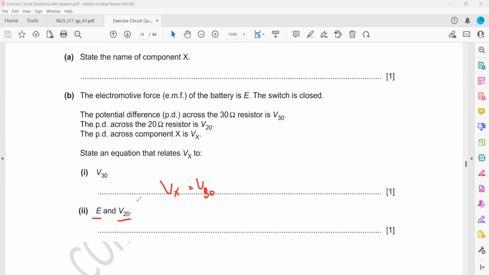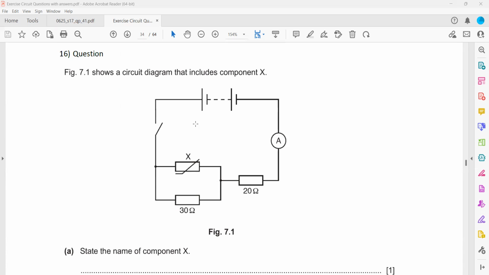And what is the relation between E and V20? If the total EMF is E and some voltage drops across this resistor, the remaining voltage will be across this component. If I say the total voltage is 10 and out of 10, maybe 3 volts is here, then the remaining voltage will be across this parallel combination, which is 7.